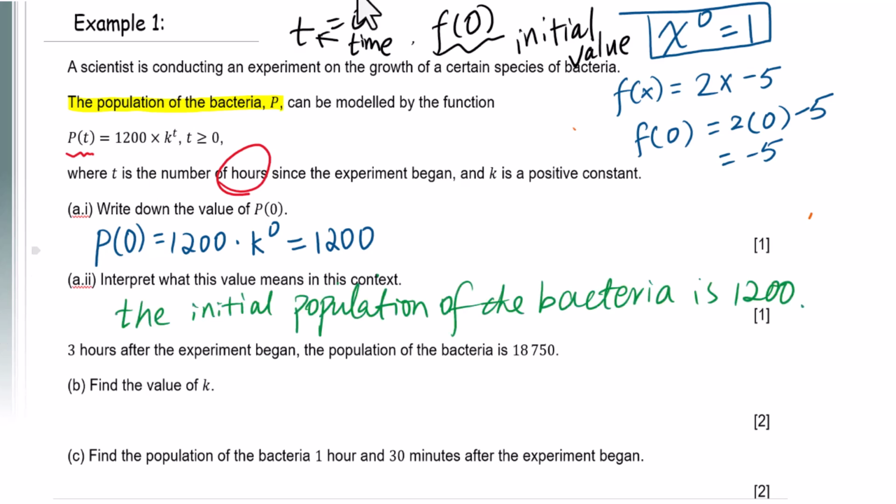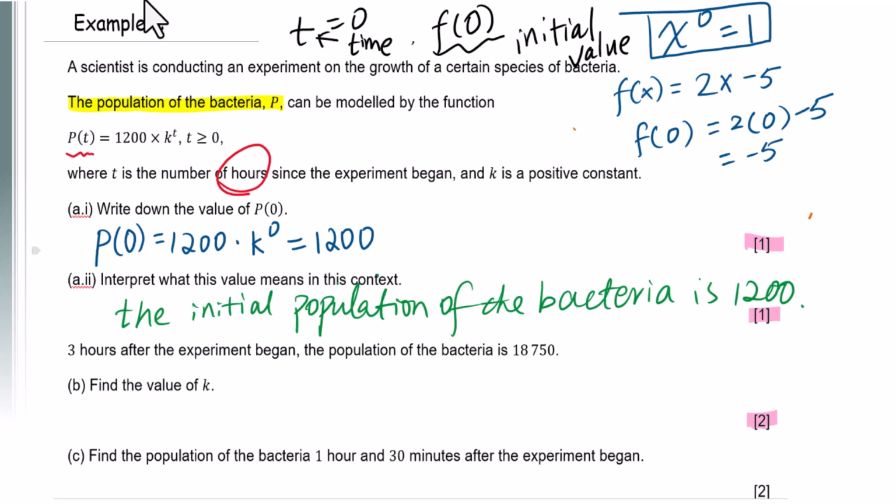When you're working on the IB exam, you need to pay attention to the marks. 1 mark means you need to give the answer and no work needed. 2 marks, normally you need to set up an equation. Then by graphing or by solver, you get the solution.